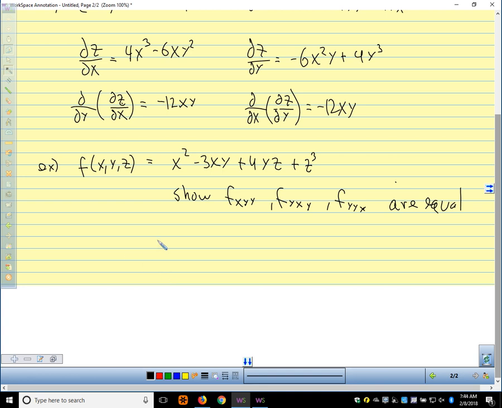All right, so let's take some derivatives. Partial with respect to x of this thing. What do we get? 2x minus 3y. Partial with respect to y: minus 3x plus 4z.